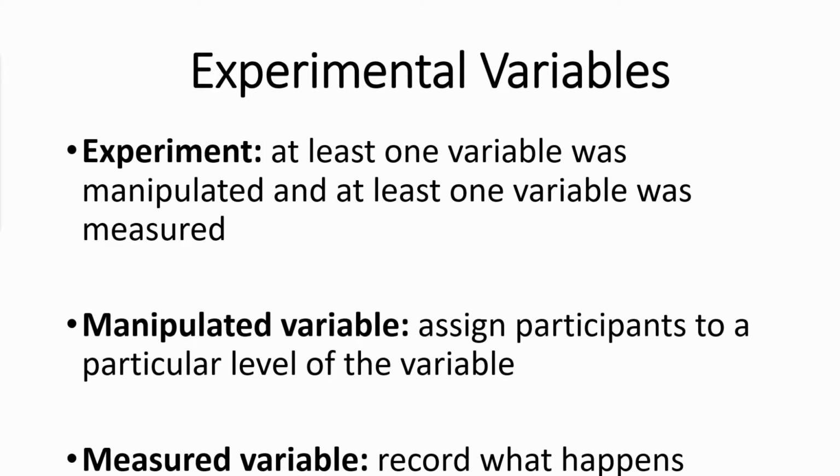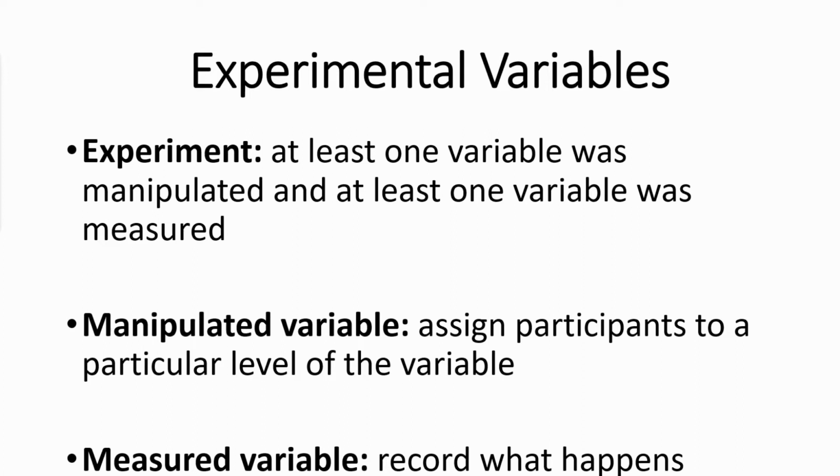I have conducted experiments where I've had a dozen manipulated and measured variables each. They can get very complicated very quickly, but we're going to stick to the simpler side of things, at least for now. A manipulated variable is the one where you can assign participants to a particular level of the variable.